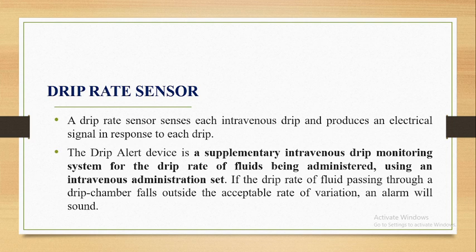It will produce the electrical signal in response to each drip. If the drip rate of fluid passing through a drip chamber falls outside the acceptable rate, if the rate is high or low, it will alarm and give sound. It will indicate to the caretakers or nurses to take necessary steps.